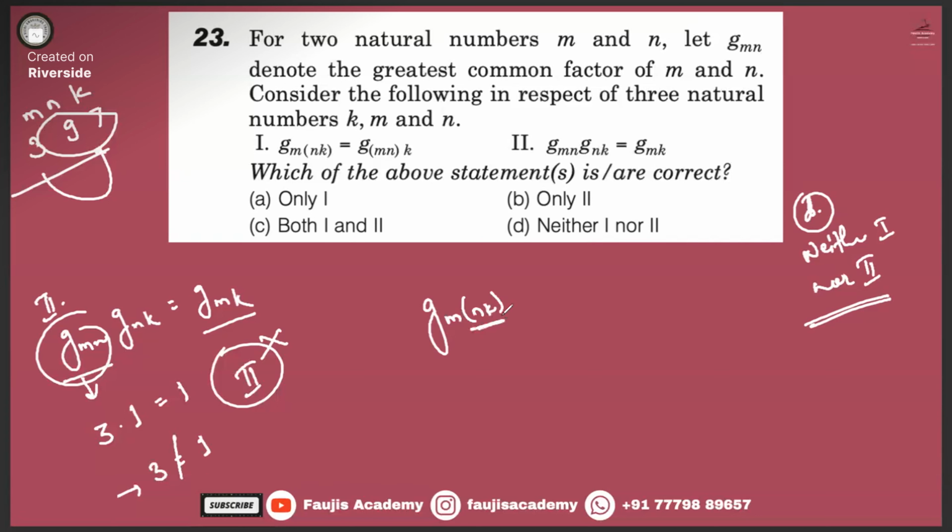We just solved this one to find that nk is 63. So g of m and nk, we are not multiplying it over here, we are finding the HCF, this means nothing but g of 3 comma 63. I mean HCF of 3 comma 63. Right, guys? Is it clear?